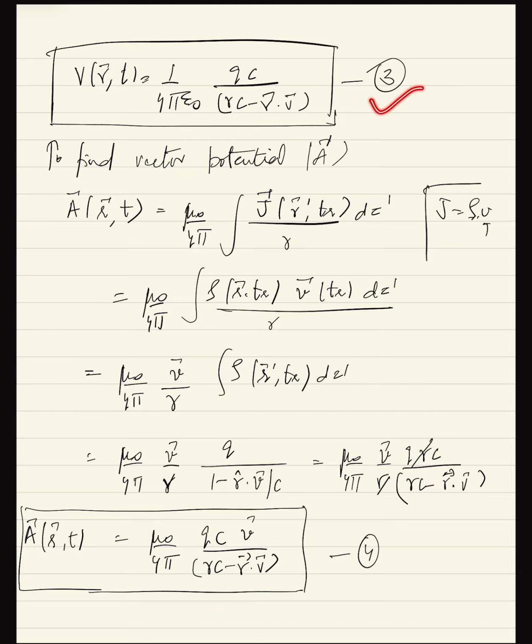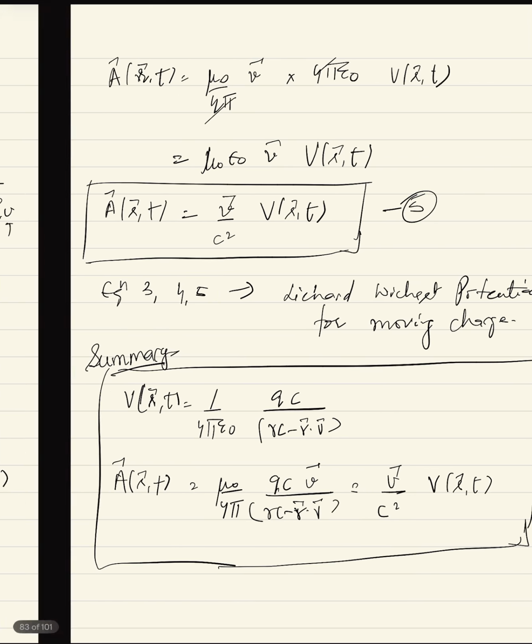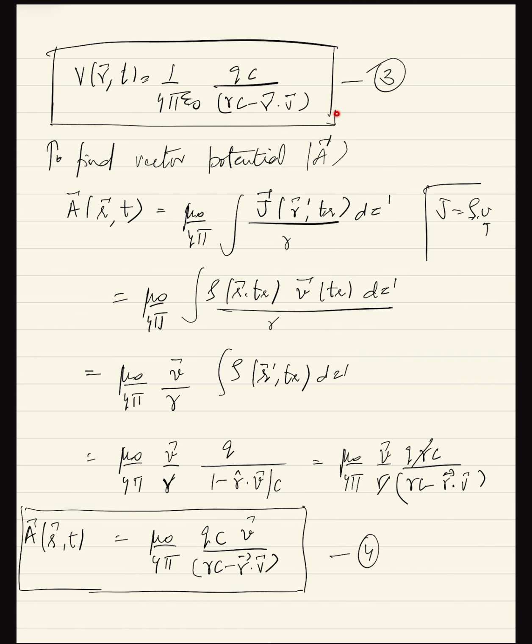So this V and A, the scalar and vector potential, in the case when the source is moving in retarded time, are given as these two things, and we collectively call them Lienard and Wiechert potentials. Now you can have a relation between A and V. How? If you closely monitor, this thing and this thing are the same, only there is a factor change here.